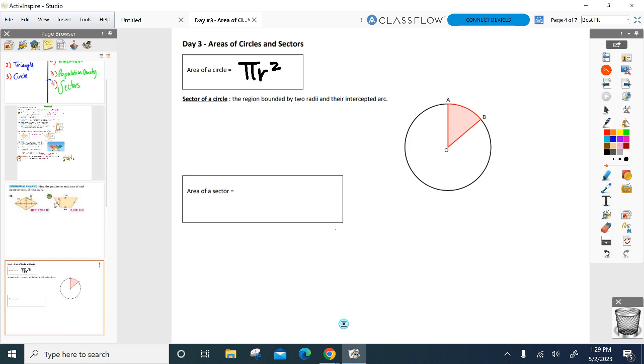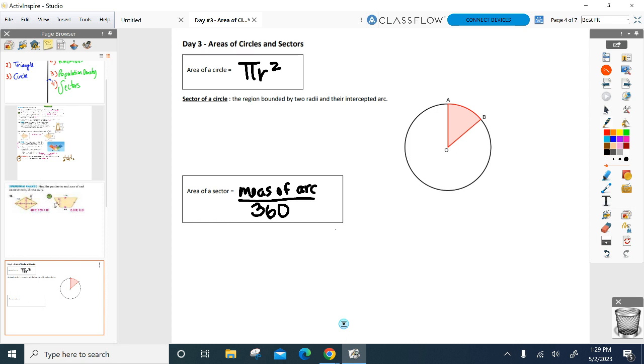Here's the formula. I'm going to stop halfway and see if anybody remembers whether this formula looks familiar from last unit. So it's the measure of the arc over 360. Anybody remember from last unit, the circle unit, the first couple of days?